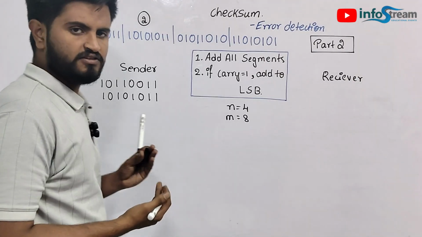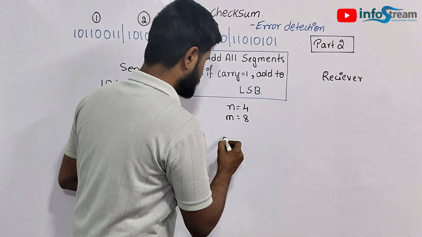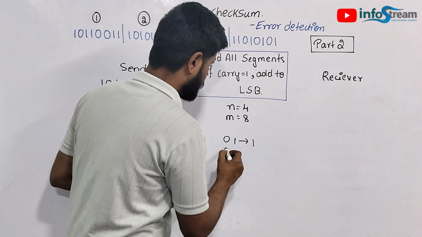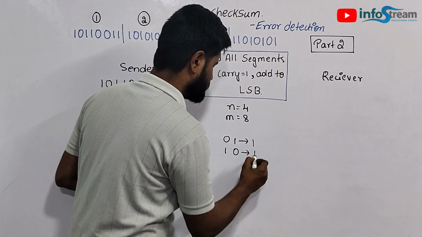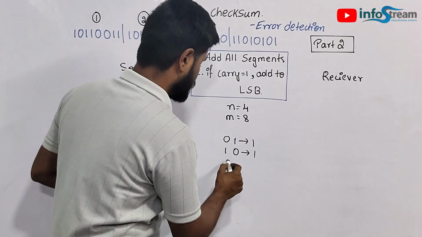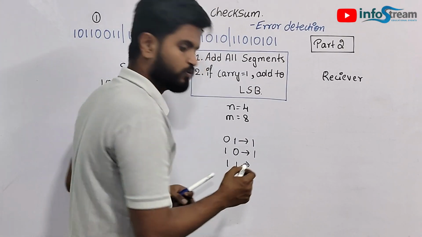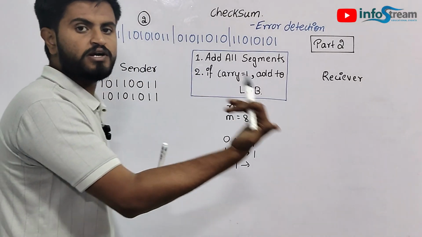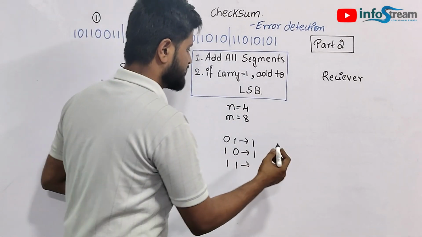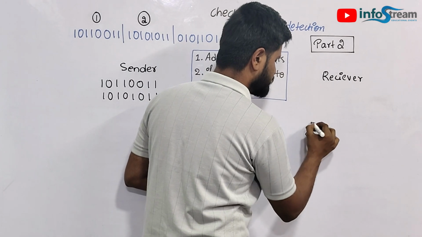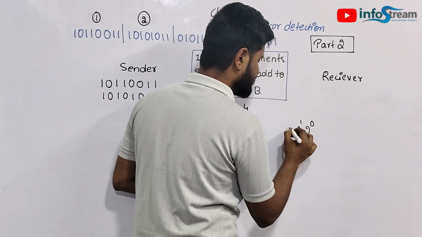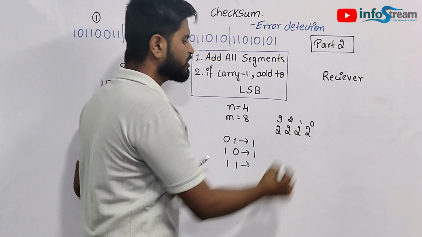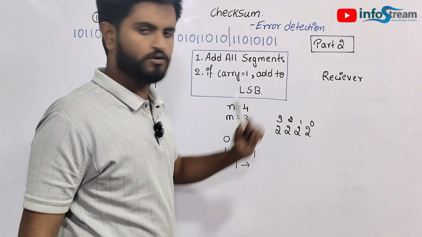Now, how to add these segments: we know that 0 plus 1 equals 1, 1 plus 0 equals 1, and 1 plus 1 equals 2. But you can't write 2 in zeros and ones. To convert it to zeros and ones, we use the powers of 2: 2 power 0, 2 power 1, 2 power 2, 2 power 3. What is the value of 2 power 0?